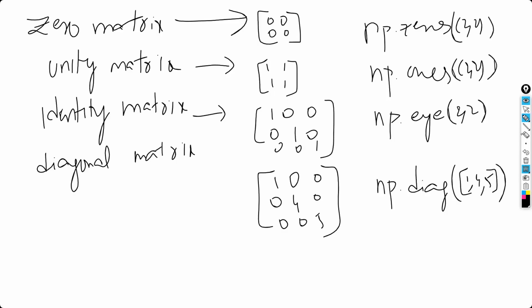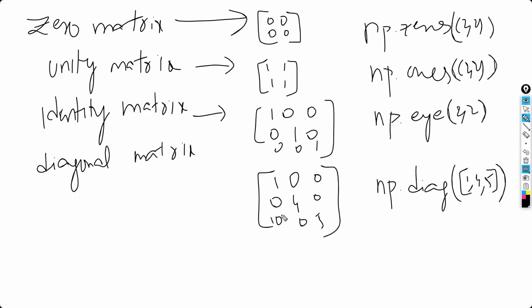Sir, for example, if instead of one of the zeros you have some 10 here, then what is this matrix called? It is a general matrix. There is no special name for this. It is a normal matrix. A matrix which has only diagonal values, with all remaining values 0, is called a diagonal matrix. For this one, there is no matrix name.